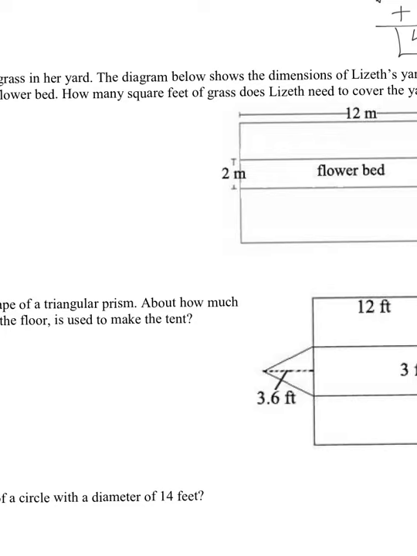The shape of her entire yard is a rectangle, and she does not want to plant in the flower bed. So we are going to find the area of her entire yard, including the flower bed, and then take away the area of the flower bed.